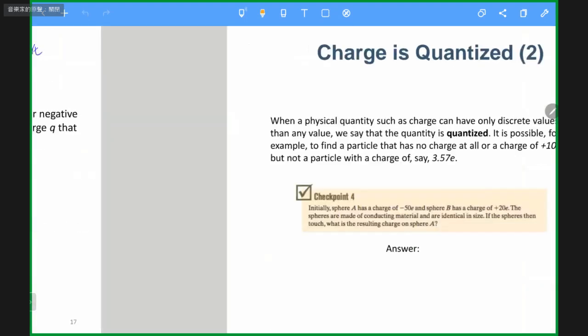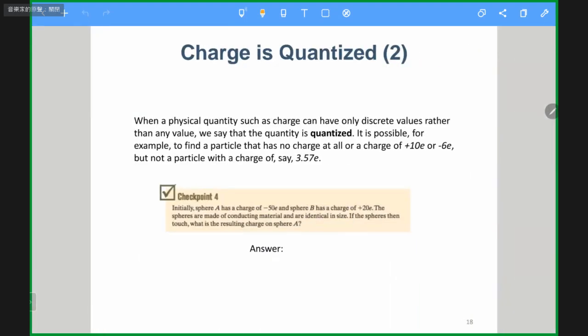Nothing special. Here it says that a physical quantity such as charge can have only discrete values rather than continuous values. Usually we consider values to be continuous, just like the mass of everyone. Maybe for me, 70 something.